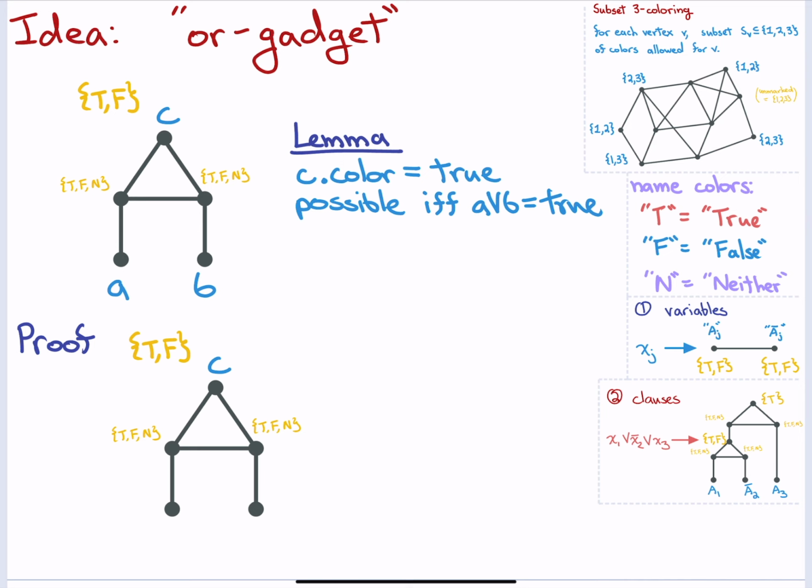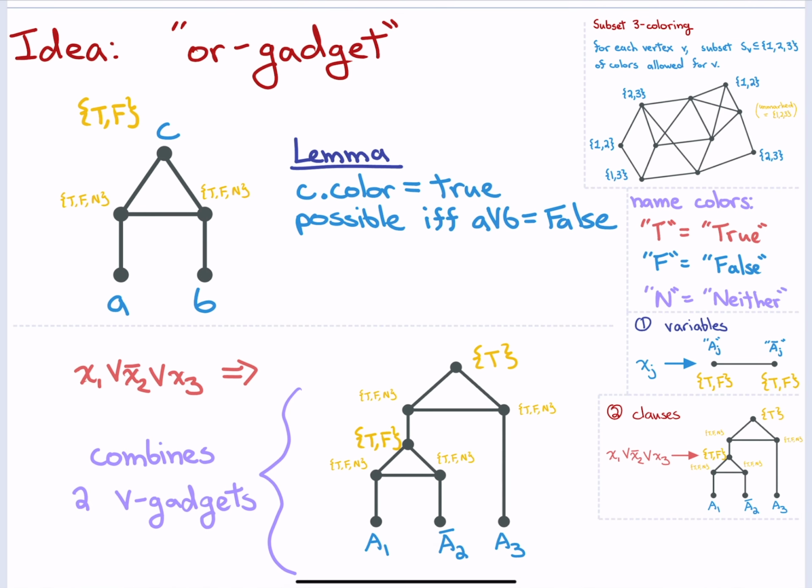To prove this, you just look at what happens if you assign both of them to be false. If you assign both of them to be false, then maybe this one can be assigned neither, but then this one has to be assigned true, and that means this one has to be false. So if they're both false, then the top has to be false. And that's all this little gadget of a graph is doing.